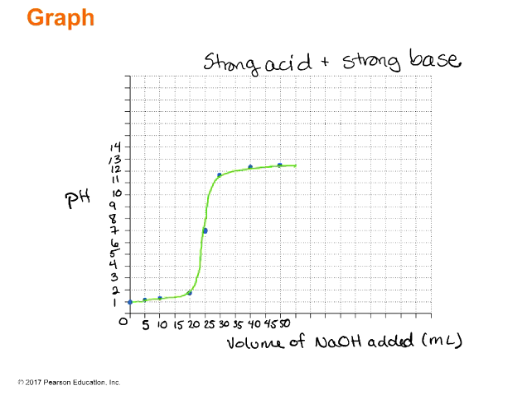On this curve, we had really low pH values initially, and as we started to add base, those pH values increased very slightly until we reached the point at which the moles of strong acid were equal to the moles of strong base, and that was the equivalence point.